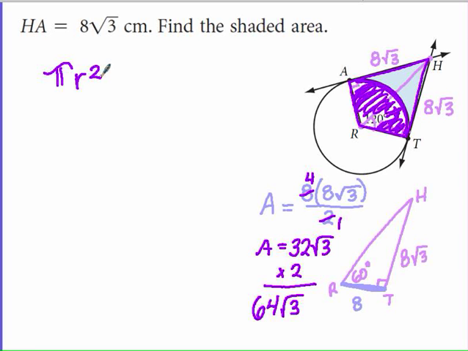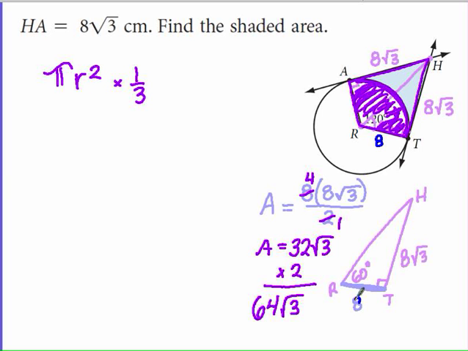But I don't have a full circle. I've got a part of a circle. I only have 120 degrees of a circle. So what fraction of the circle is this? 1/3. This would be like a third of a pizza. So I'm going to take that times 1/3. And so what's my radius? 8, because of what I found down here.